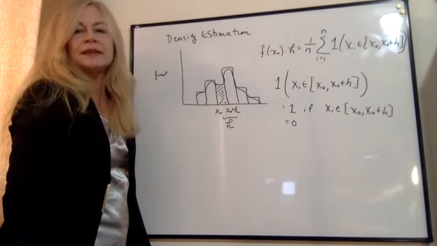So the density estimator would be f hat of x naught is equal to 1 over nh. So I just moved this h over here. That's it. Okay, and that's the histogram density estimator. I mean, this is really approximately equal to.